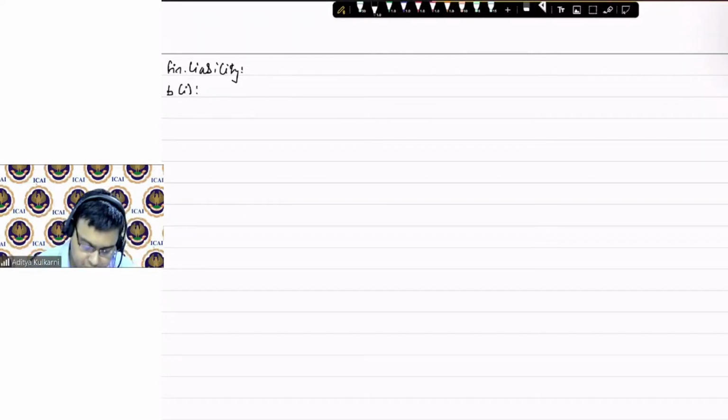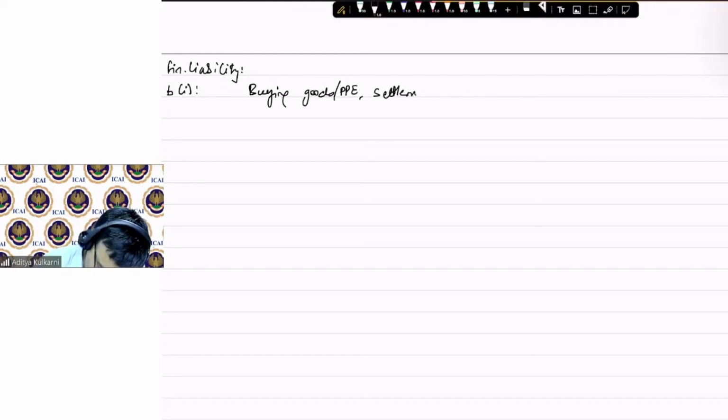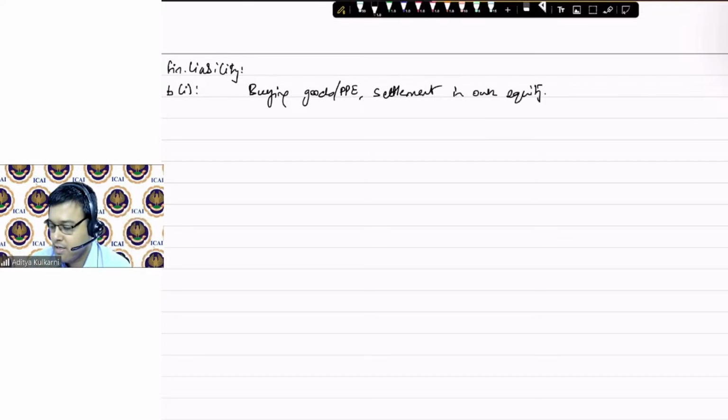Suppose I have entered into a contract for buying goods or property, plant, equipment, with settlement in own equity. Let me complete the definition first. I'll give a break after this, because if I give a break now, the flow will go away.